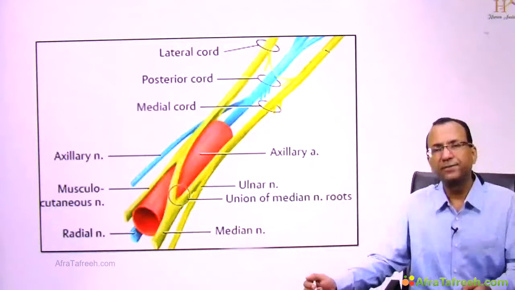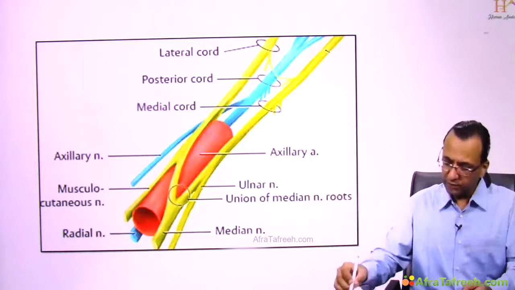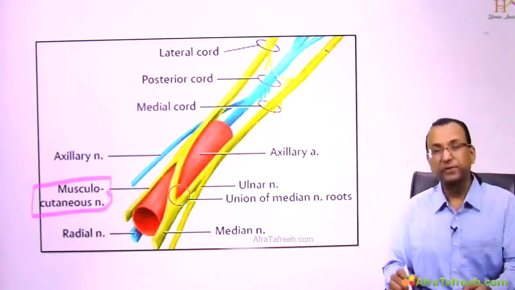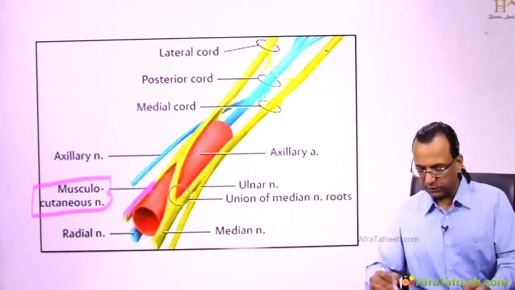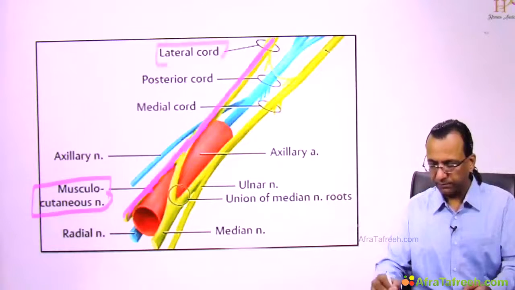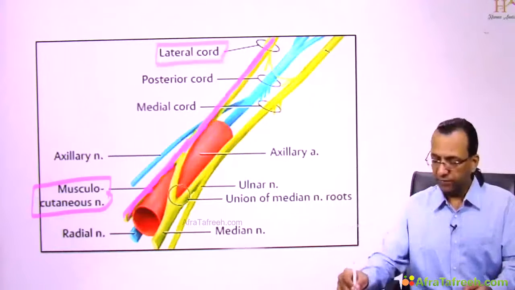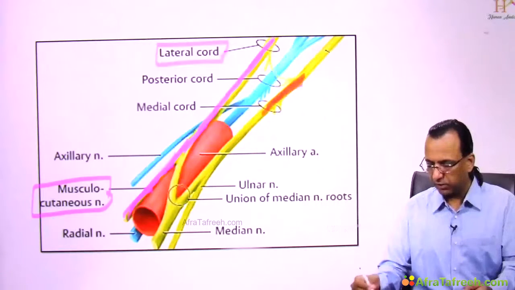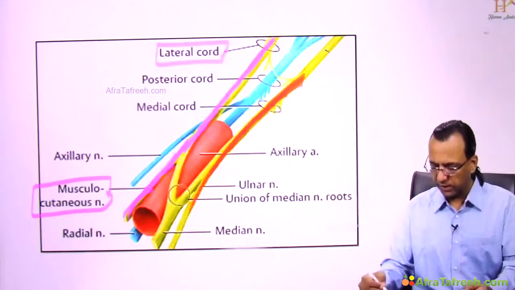So basically, there are a few major nerves which we have to remember. The musculocutaneous nerve is the continuation of the lateral cord of the brachial plexus, that you have to remember. And what about the medial cord? The medial cord of the brachial plexus is continuing as the ulnar nerve.